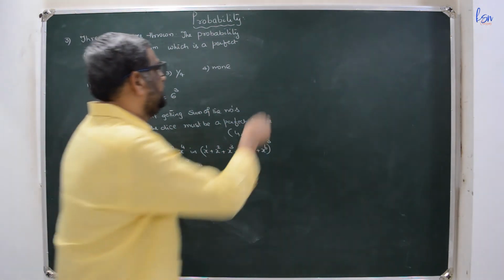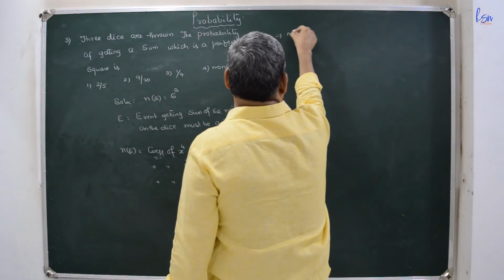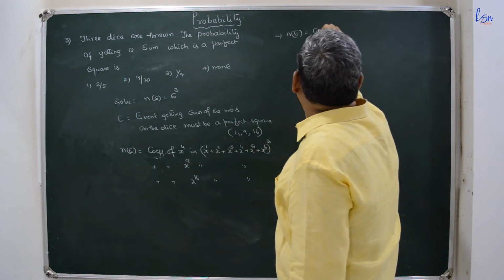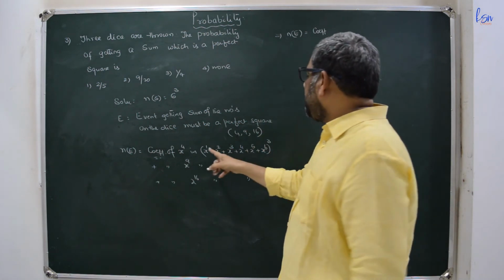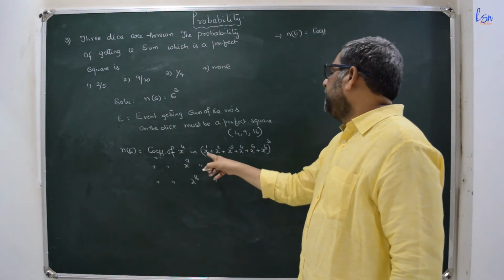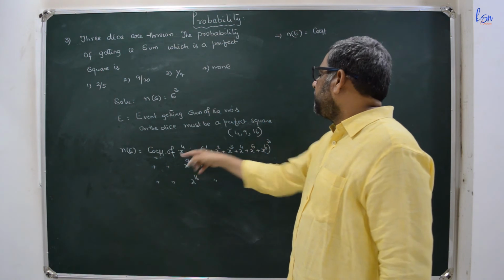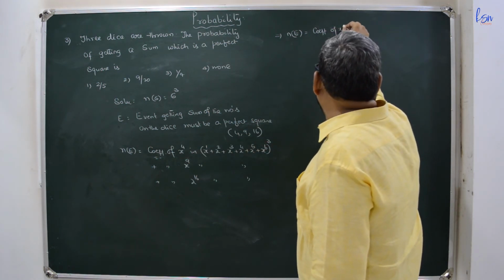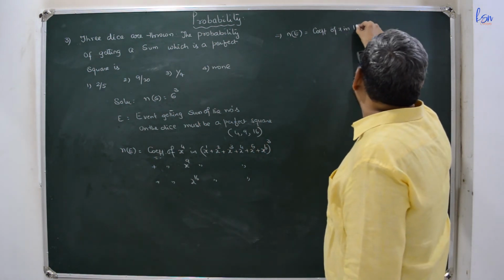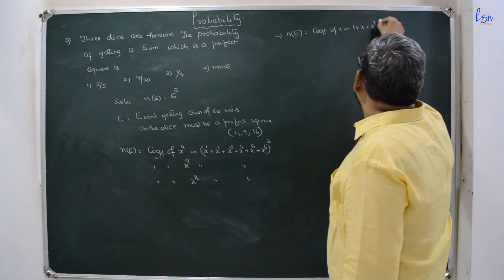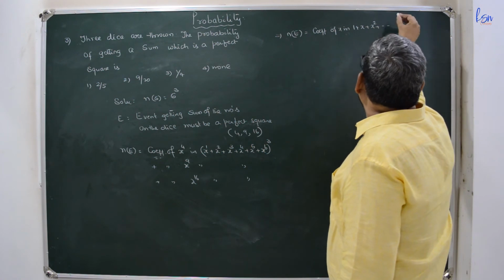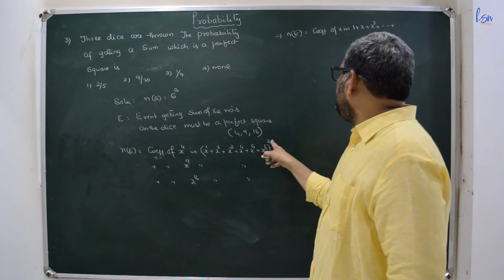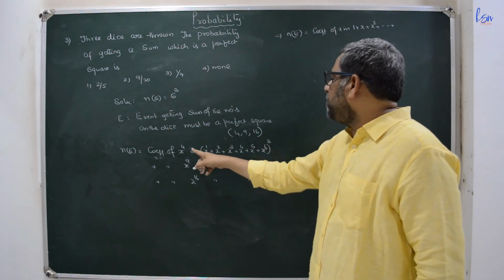This implies n(E) equals the coefficient of... here I can take x as common. If I take x as common, x cube will come out, because there being 3 as a power, x cube will come out.